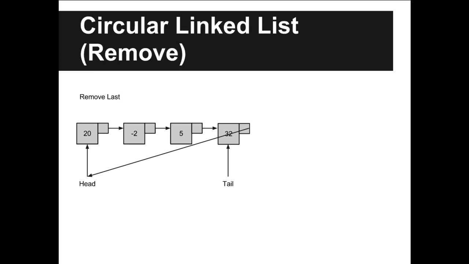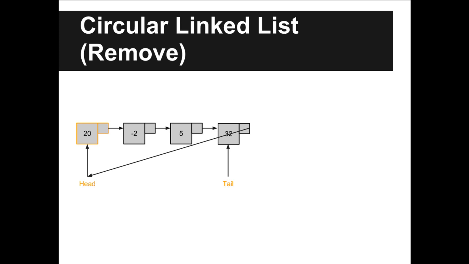Now let's say that we want to remove some stuff from our linked list. Let's say we want to remove the last element of our linked list. Now to do that, we have to look at whatever tail is pointing at, and also start from the head of our linked list until we get to the tail. The reason for doing that is because we have a singly circular linked list.